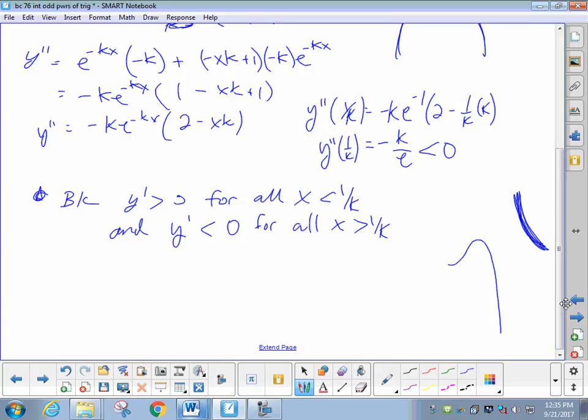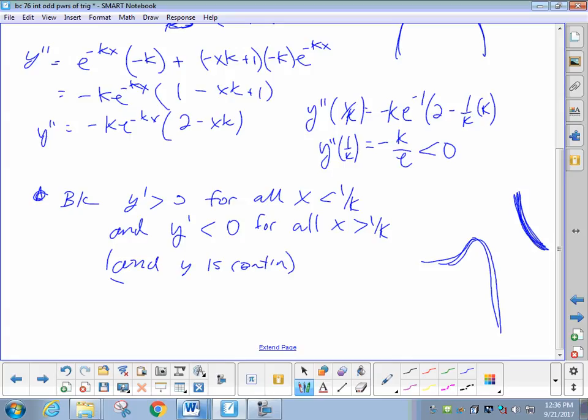I'm going to add in also, because I believe it is important, that y is continuous, just to cover my butt.